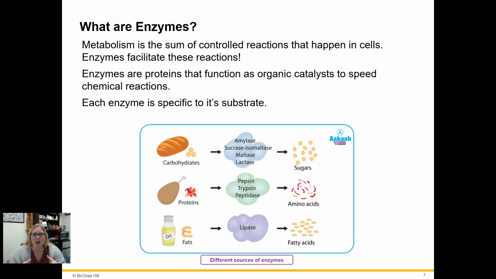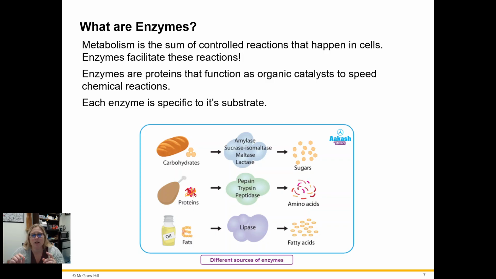So when I talked about if you put starch like a saltine cracker in your mouth and you hold it in your mouth, you start that reaction of digestion in your cells of your mouth. And what's happening there is you have glands in your mouth, your salivary glands, that produce an enzyme called amylase.